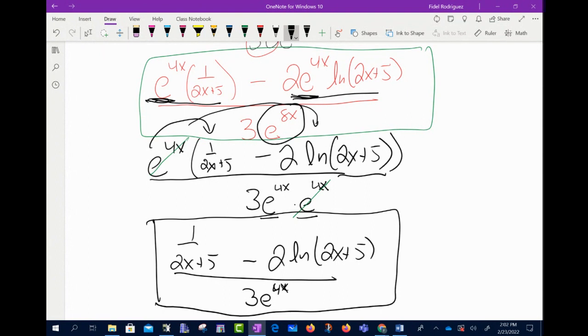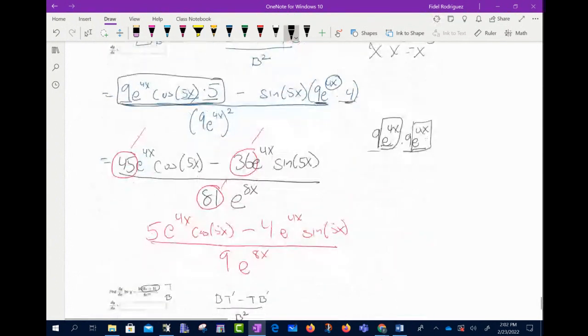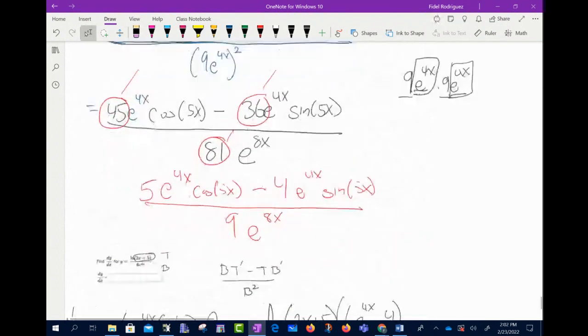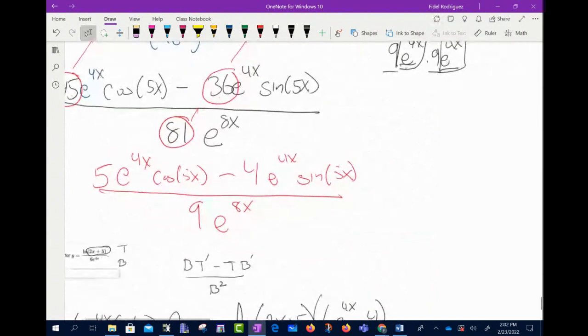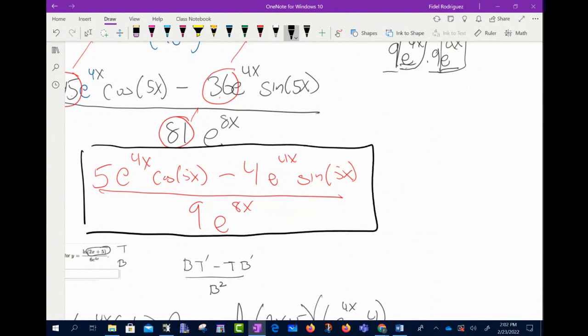Now, before I go on, I want to scroll back to the problem that we did earlier over here. And if I take a quick look here, you guys, couldn't we do the same thing with our e to the 4x in this problem too?